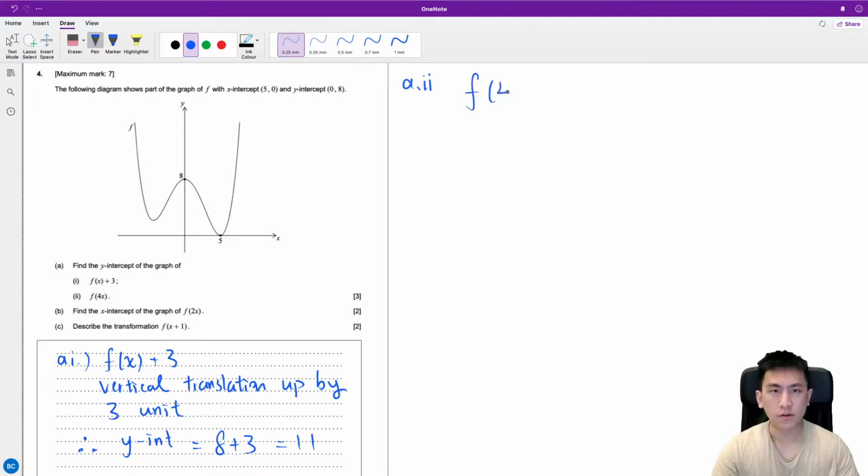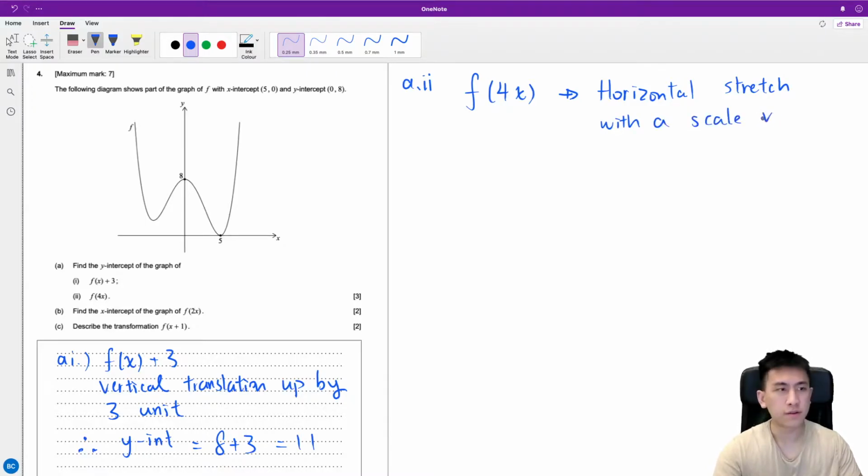f of 4x here. If you know it, you would already know it does not change the y-intercept. It's a horizontal stretch with a scale factor of a quarter.